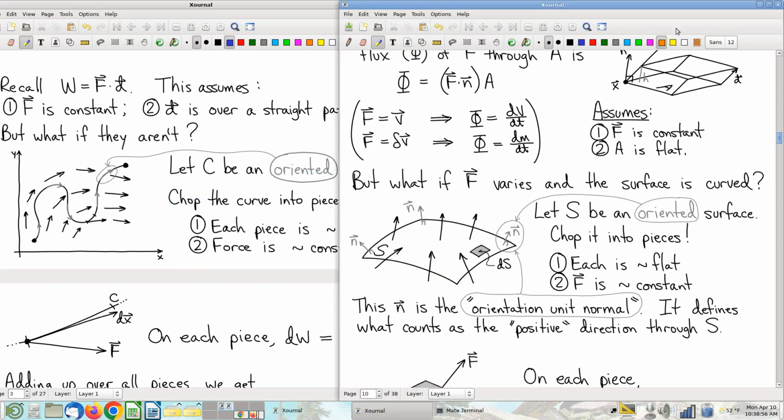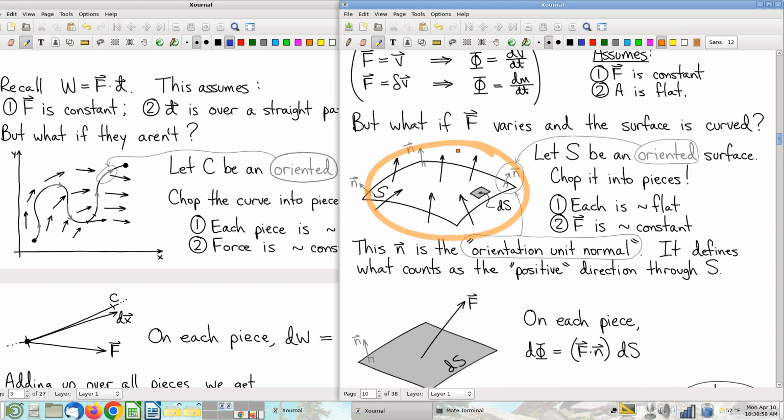I'm going to take my surface and chop it up into little pieces of surface area like that that are approximately flat and over which, because it's so small, the vector field, our integrand, is approximately constant. Same idea, different context, different geometric details because now it's area instead of length. But morally equivalent.